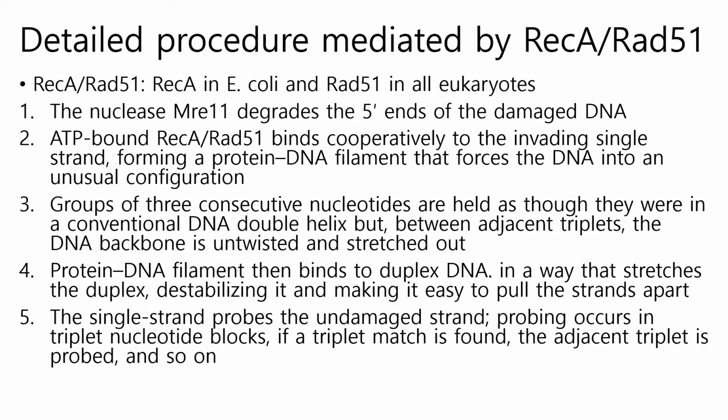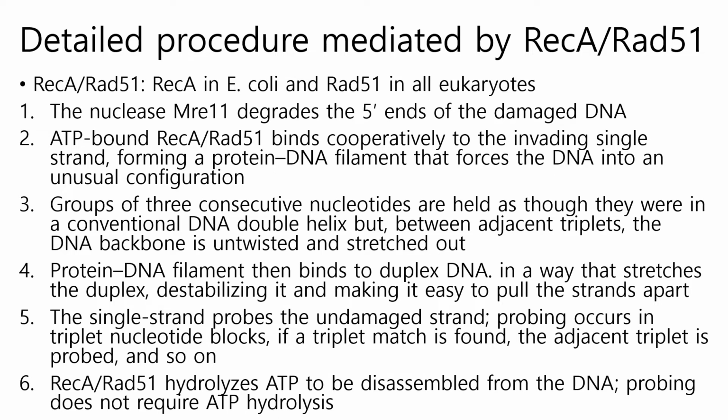And finally, the single strand probes the undamaged strand, and probing occurs in triplet nucleotide blocks. If a triplet match is found, the adjacent triplet is probed, and so on. RecA or RAD51 hydrolyzes ATP to be disassembled from the DNA, but note that probing does not require ATP hydrolysis.